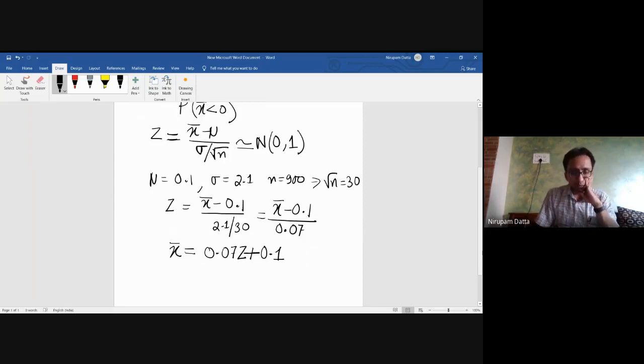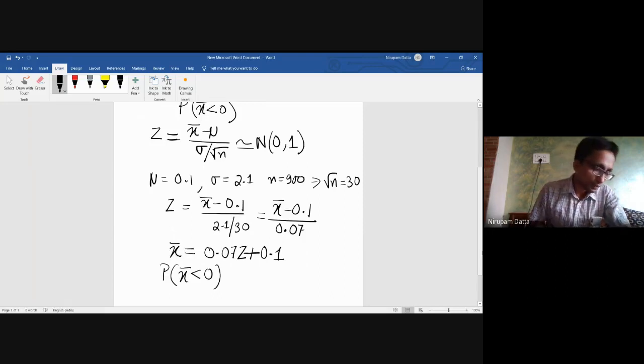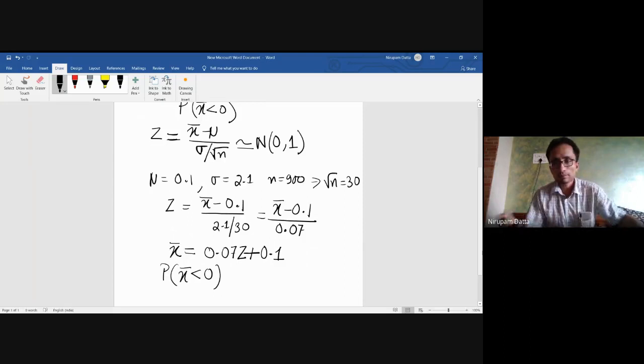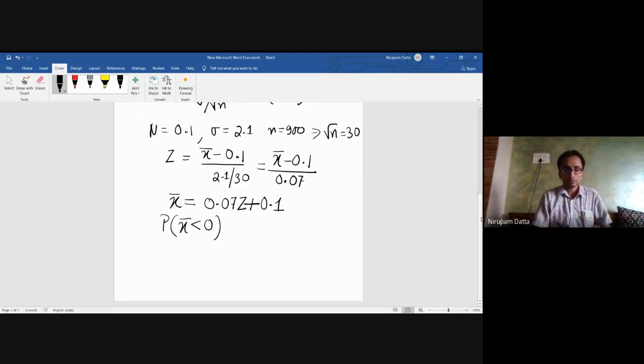Now we have to find the probability that x bar is less than 0. That means the probability that 0.07 Z plus 0.1 is less than 0.